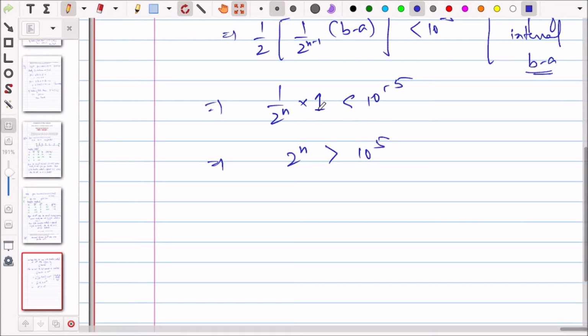We have just reciprocated, so the inequality reverses. So we want the least possible n such that 2 to the power n is greater than 10 to the power 5.